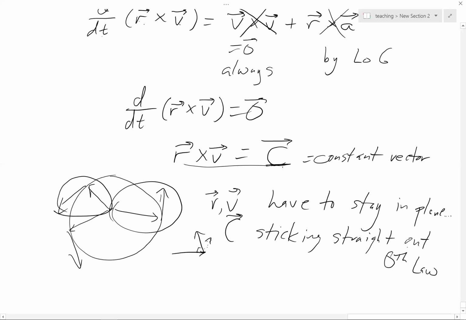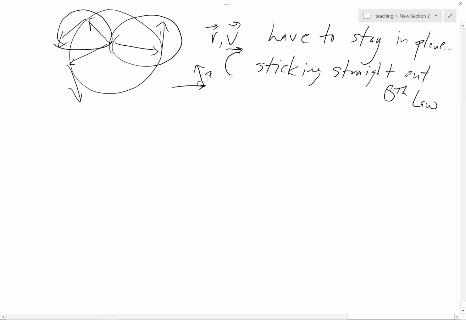And now let's look at the magnitude. Well, let's draw a picture to try to figure out what R cross V means in terms of magnitude. Here's R. Let's say I move a very short distance, so I might not move perpendicular. So this is dr. And let's think about this triangle.